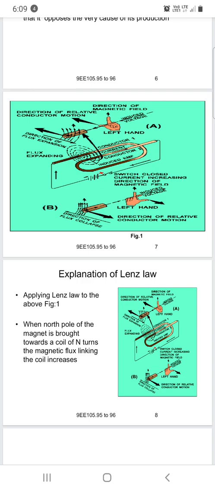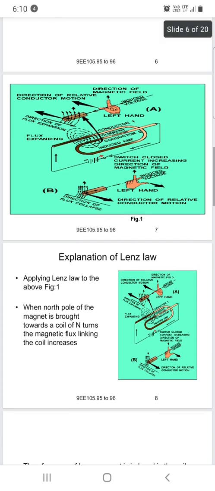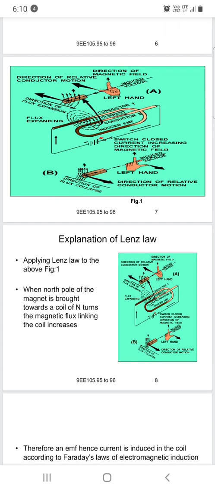We discussed in the previous topic statically induced EMF and dynamically induced EMF. If a conductor or coil carries current, a field is produced around the conductor, and the flux linkages induce an EMF in that conductor.